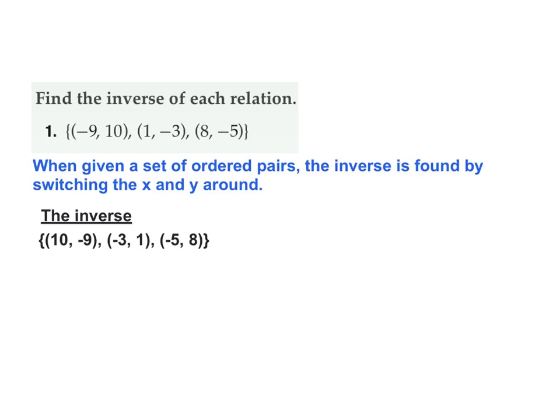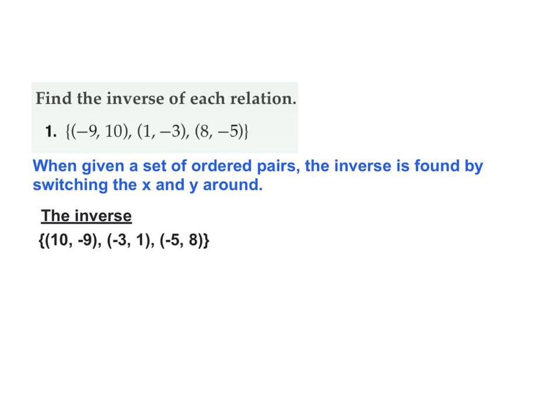Okay. So this is, again, like I talked about at the beginning, categories. One category of problems that you're going to be dealing with is taking a function that's a set of ordered pairs and finding the inverse of it. Super easy. Okay. There's 2 other kinds of things that we're going to do in this section.